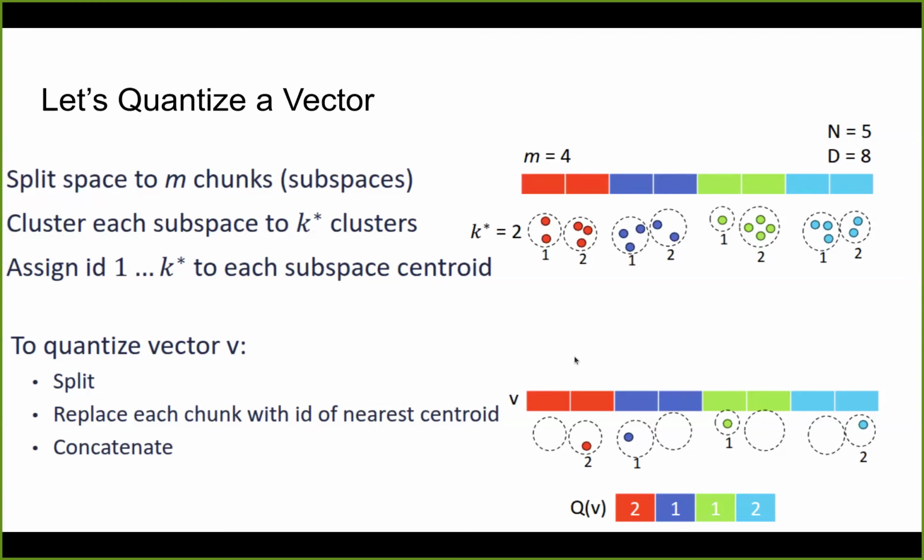Because usually each cluster has many vectors, and we are not storing those vectors, only the centroid, the compression factor is very high. Does it make sense?